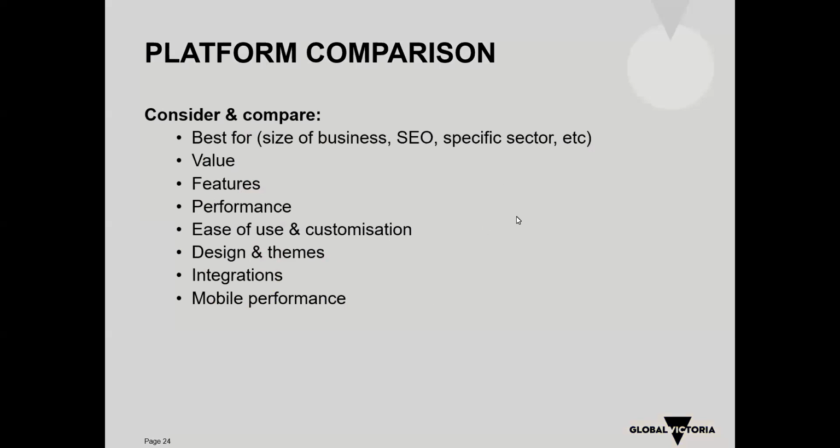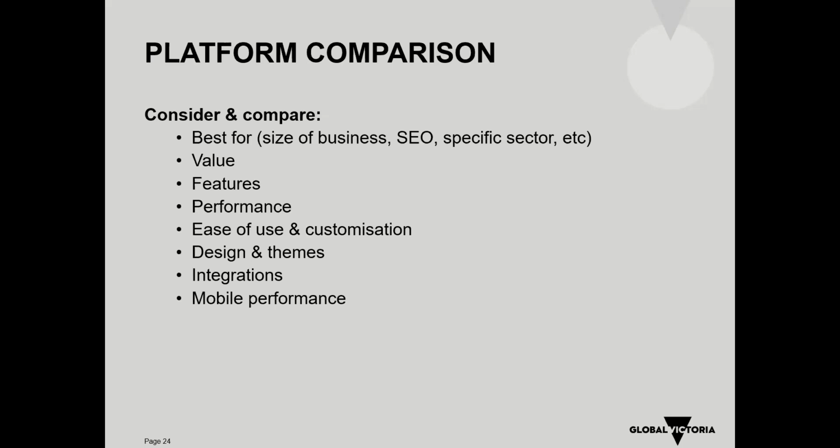So let's now look at some platforms and also some of the things you need to consider at the very least when you are comparing platforms. You need to consider which platforms are best for your size of business, the sort of SEO that you're aiming for, the specific sector that you're in, etc. Also look at value.